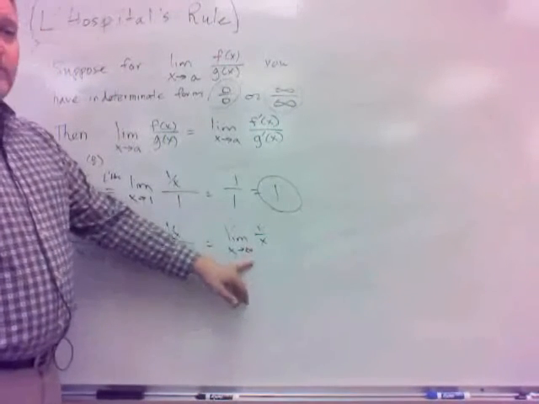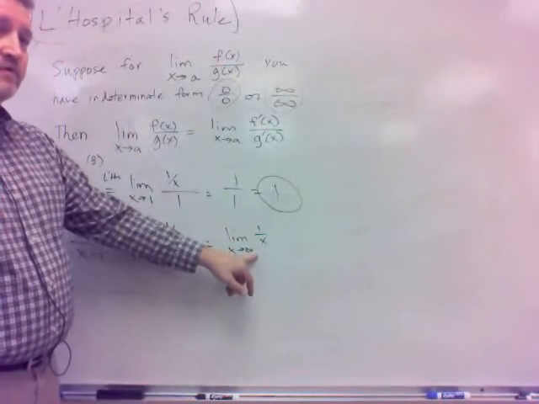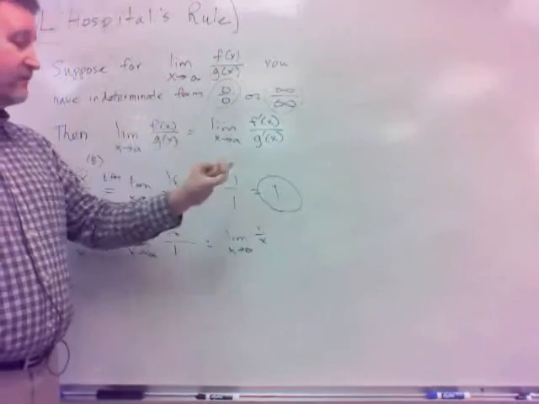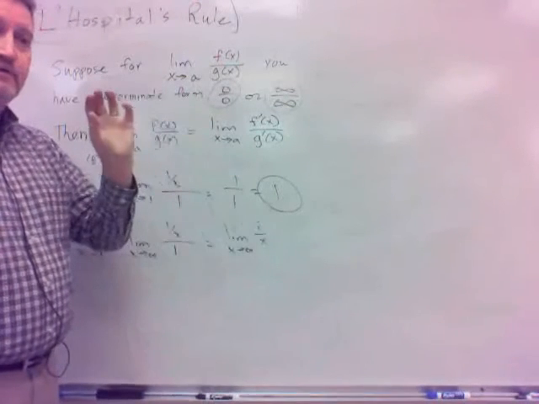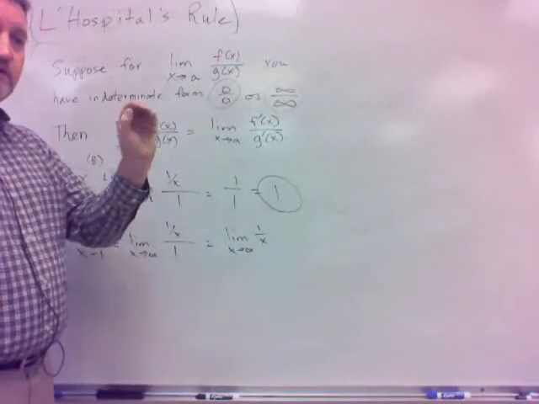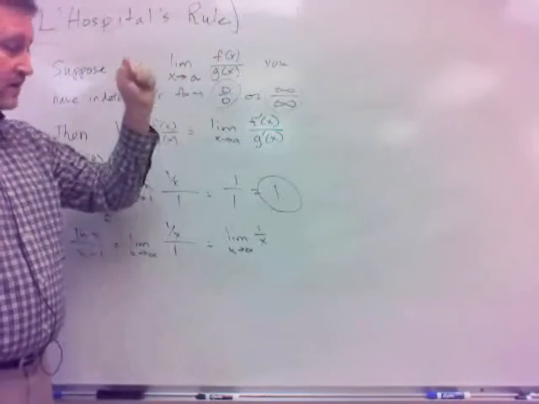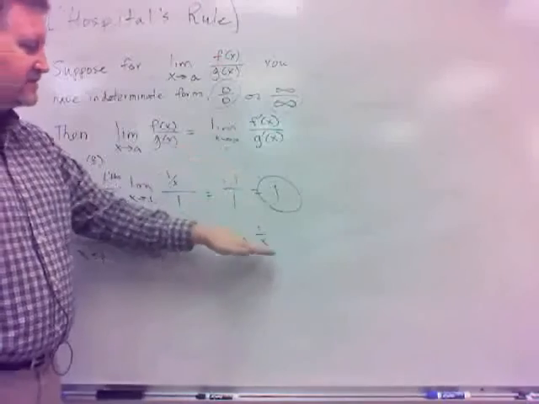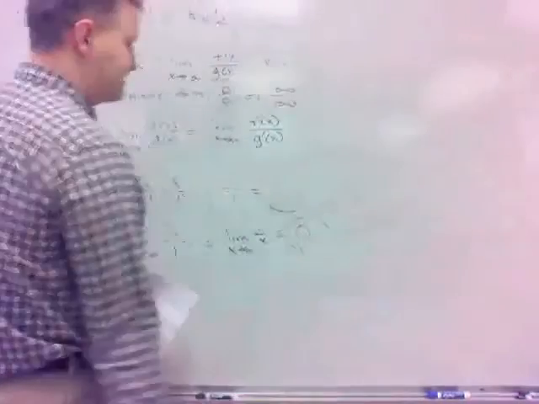This is now doable. I mean, it's 1 over infinity, but what do we come up with on 1 over infinity? It's 1 divided by something larger and larger. When I have 1 divided by something that's growing infinitely larger, isn't that 0? Because 1 divided by 1,000, 1 divided by a million, 1 divided by 10 million. Yeah, this is going to go to 0. 1 divided by infinity is 0.